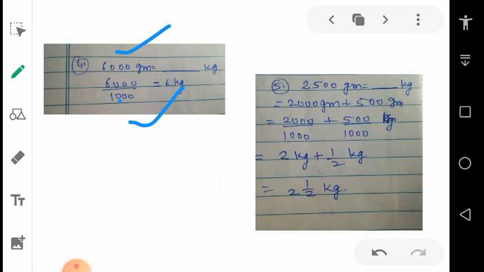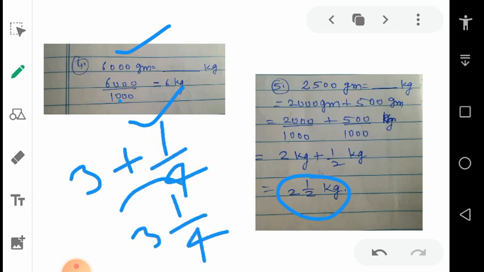So again we will break this gram into a multiple of 1000 and the remaining part: 2000 plus 500, divide by 1000, we get 2 kg and half kg, and 2 and half kg can be written as 2 and a half. This is another way of writing the mixed fraction. Suppose you have 3 plus 1 by 4, then you can write it as 3 and 1 upon 4, both are the same. So this is the way to convert gram into kilogram when it is not a multiple of 1000.